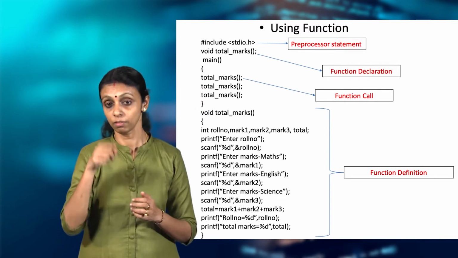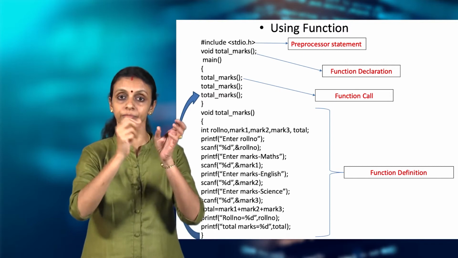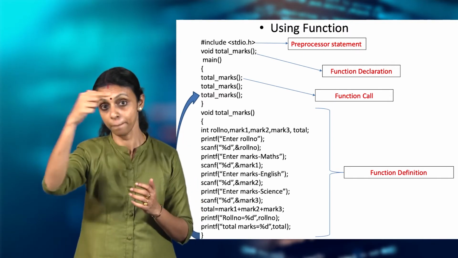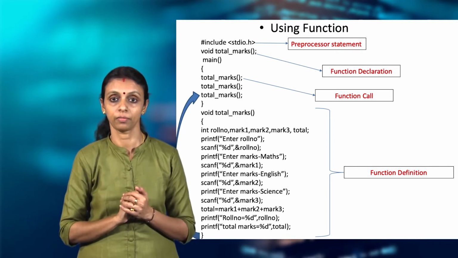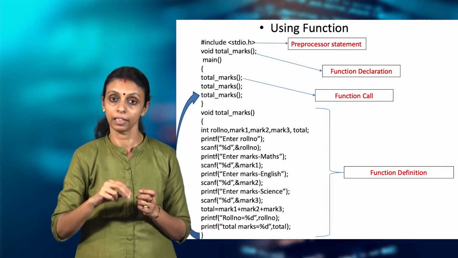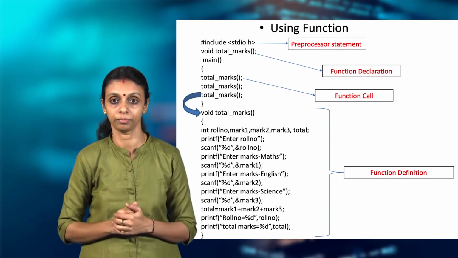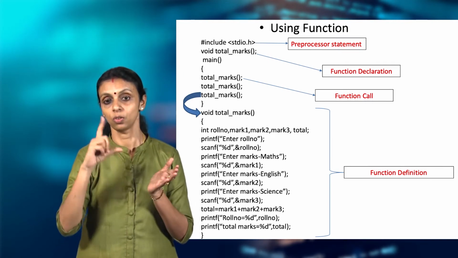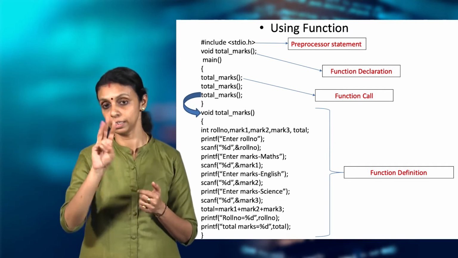After executing the function, the control goes back to main. The next statement again is a function call. So, the function is again executed, and accepts the roll number and marks of student 3 and prints roll number and total.